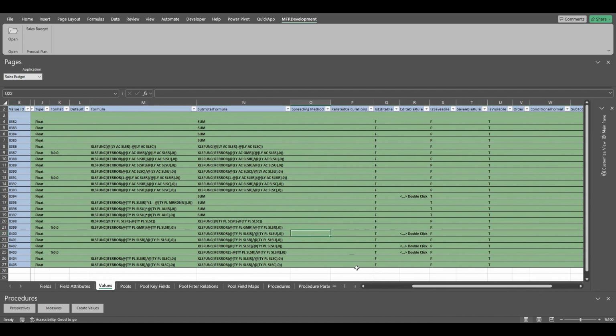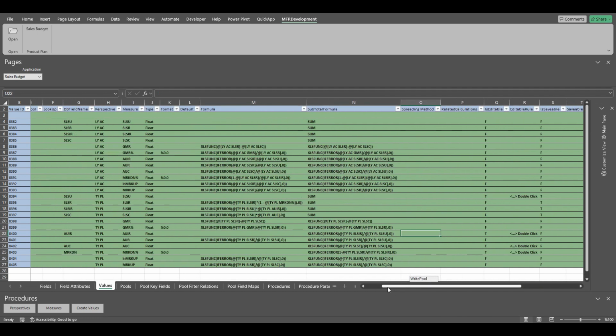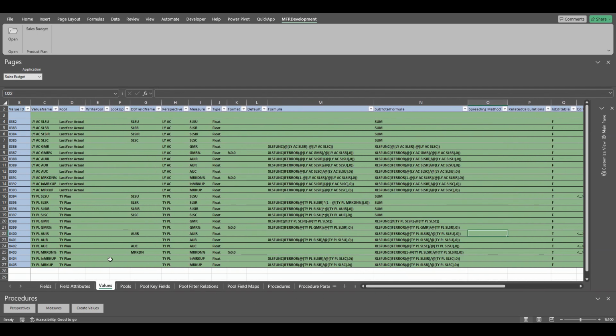Now we'll write its spreading method. While writing this spreading method, we should think, which values are affected by this value? As we can see, the sales initial revenue value is affected by this value. Looking at the formula for sales initial revenue, it's sales unit multiplied by average unit initial price. So in the spreading method for average unit initial price, I will say that it will be indirectly spread.